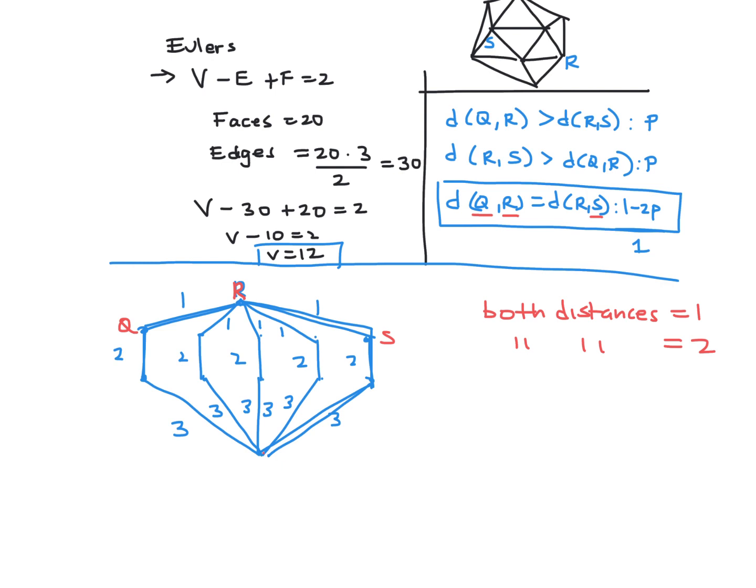Because you can't put 2 vertices there. They can only go in these or these up here. Okay, so let's do the math.